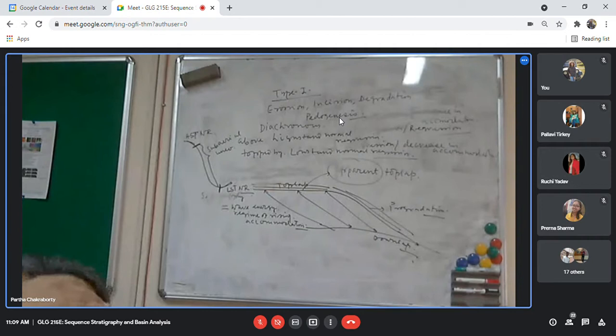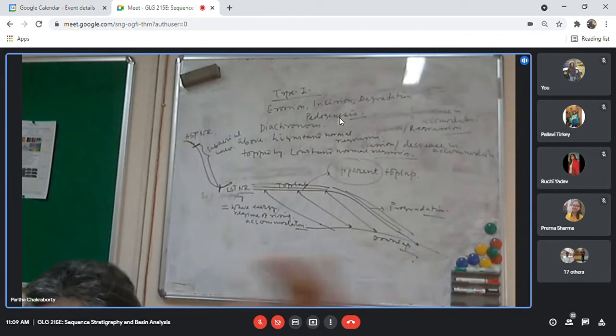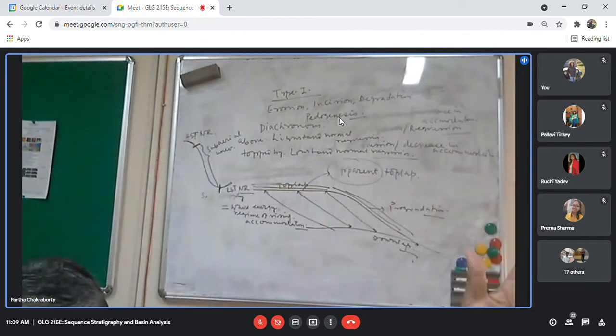That is actually sequence stratigraphy in a large aspect. It is a hypothetical, and from hypothesis the theory came. If you have to think, from your think tank, from your brain, the ideas come, and that idea has been translated into the concept of sequence stratigraphy.